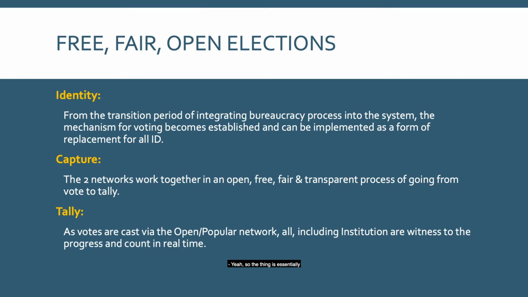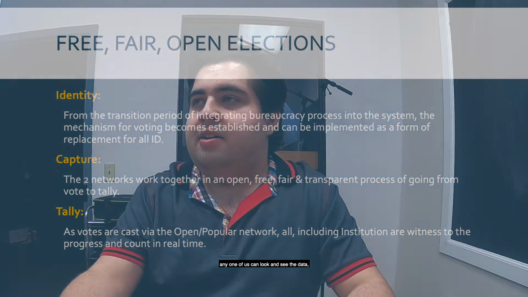Yeah. So essentially the way that these systems are working is not as a client server relationship. They're working as if the network itself is a machine, one monolithic machine, and this is one application that we are all collectively sharing as a network, and we're collaborating to use that. Because of that collaboration, there's certain things that we can do because it's technically one application where any one of us can look and see the data.